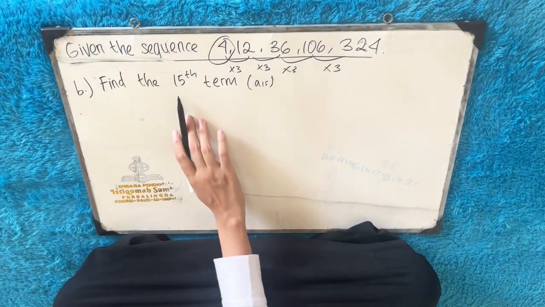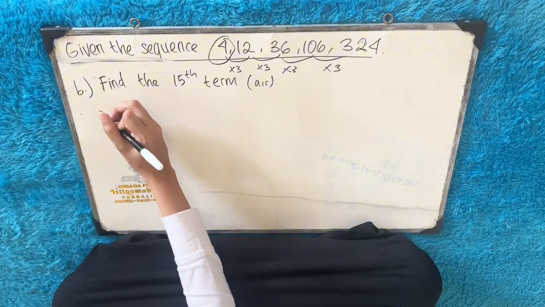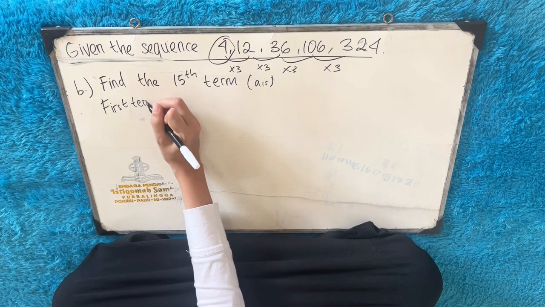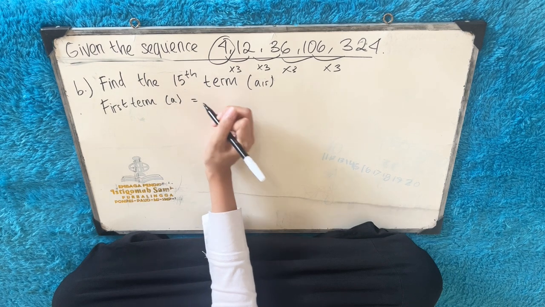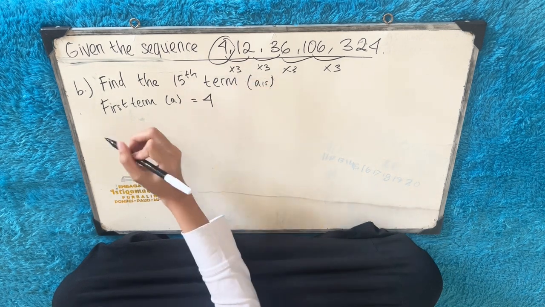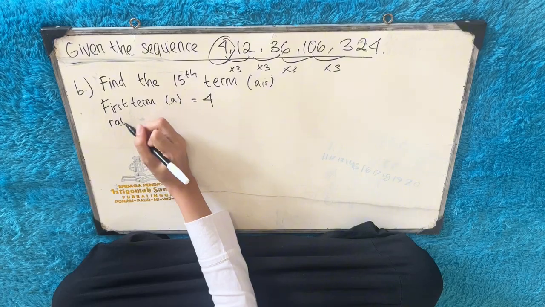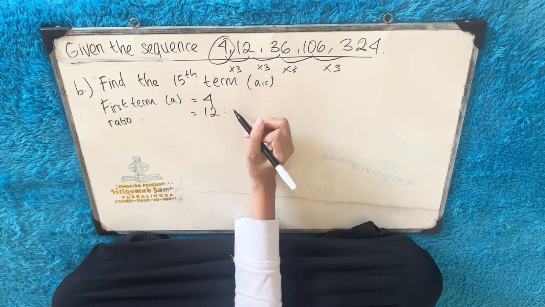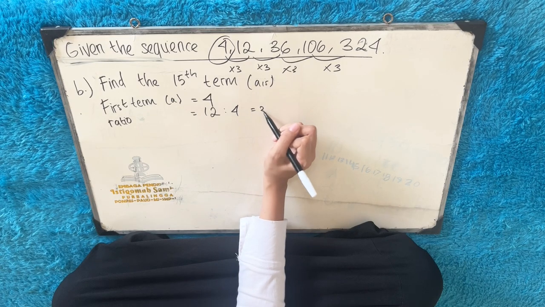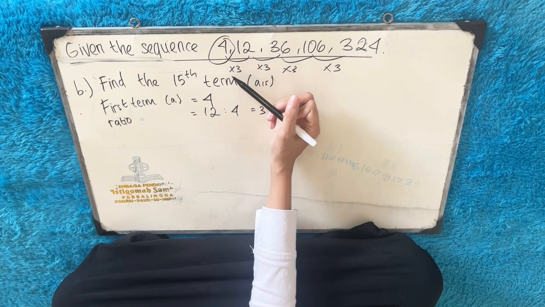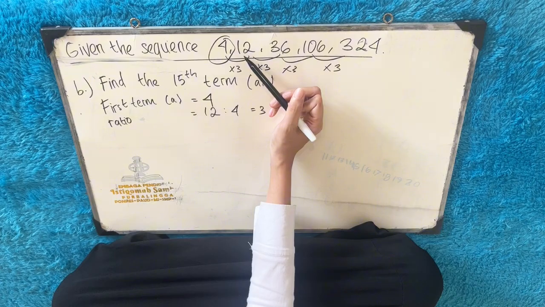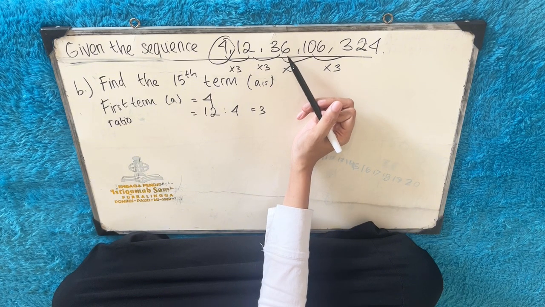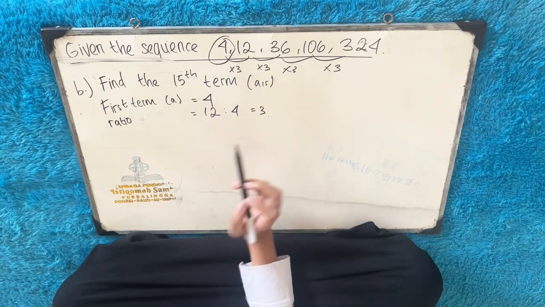Okay. We find the 15th term. Okay, the first term a is 4, and the ratio is 12 divided by 4 is 3, because 4 times 3 is 12, 12 times 3 is 36, so the ratio is 3.